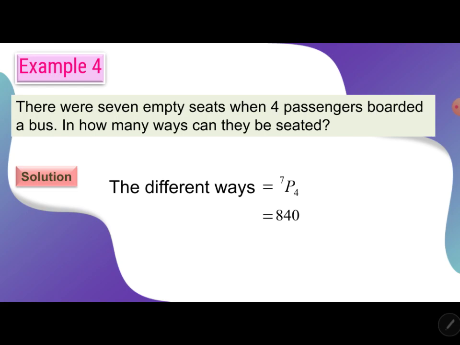Or you can think of the 4 people that want to sit. The first person can choose between 7 seats. And then for the second person, the seats left are 6 only, so we have 6 choices. The third person will have 5 choices. And the last person will have only 4 choices.